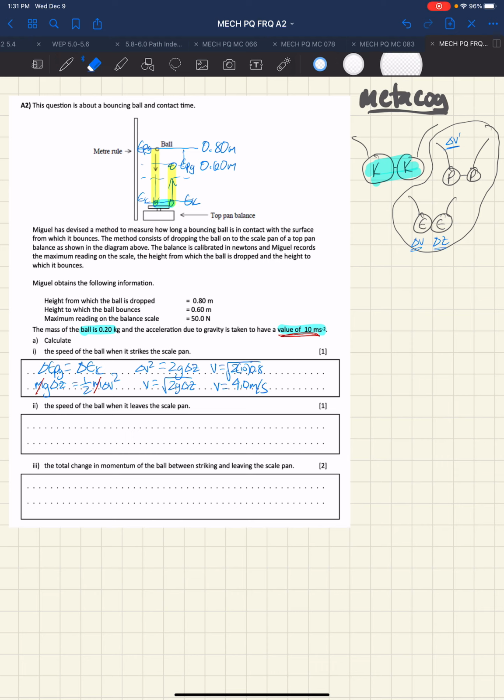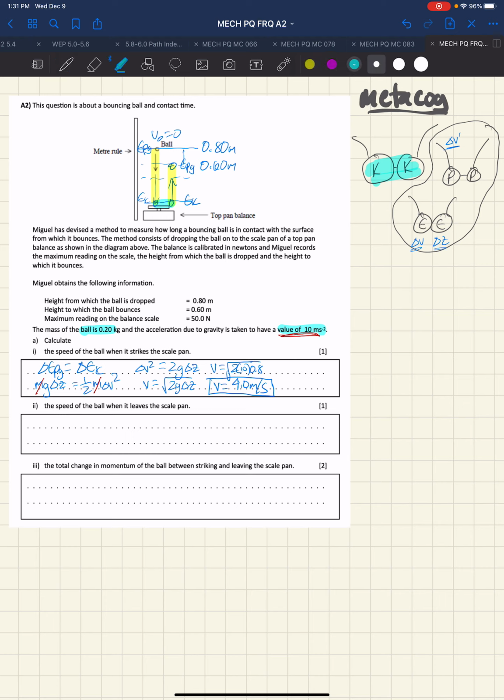And that is going to be the delta v because v0 was 0. It's dropped from rest. So that is our speed when it hits the pan. And we know some energy is going to be lost. So now we are asked, what is the speed of the ball when it leaves the scale pan?